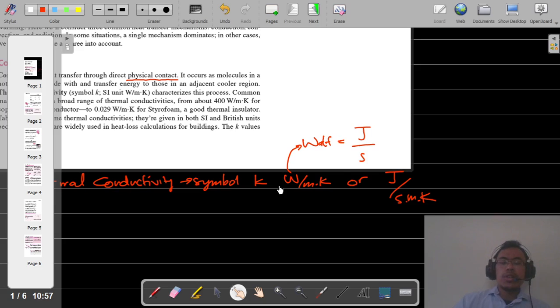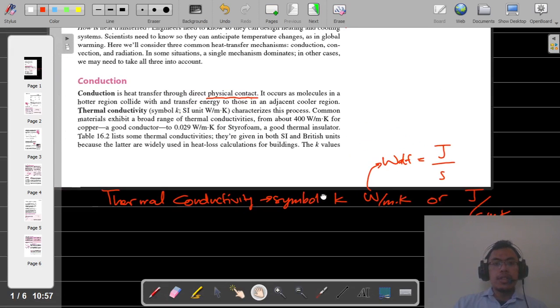So there are two units here for k: W per mK, or J per second meter Kelvin.